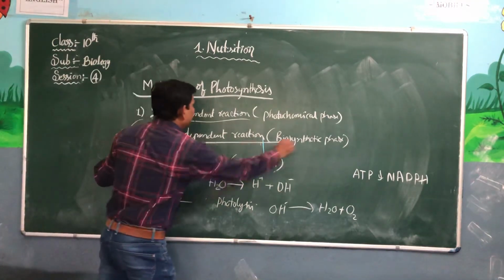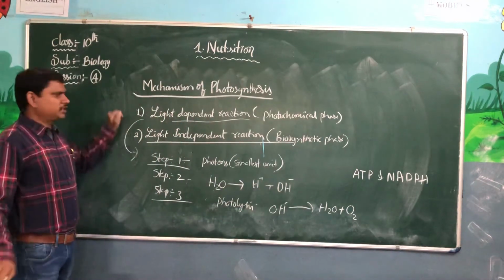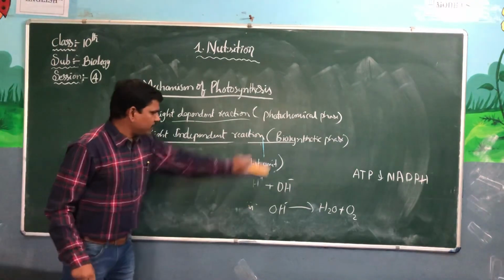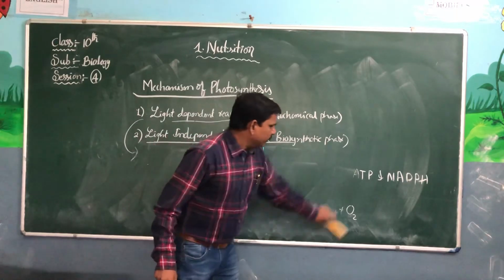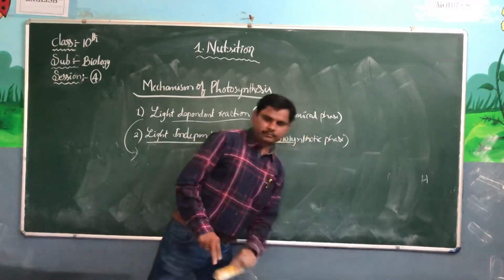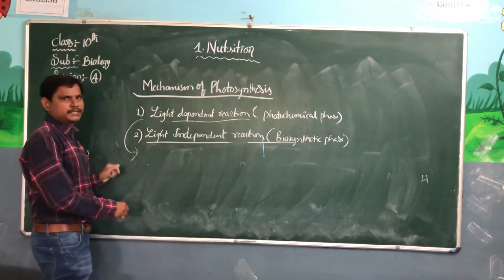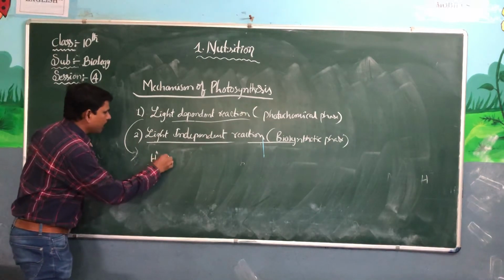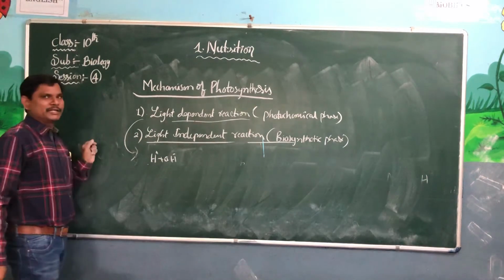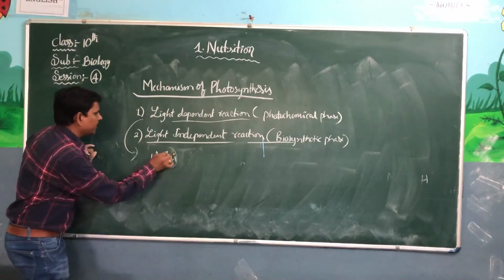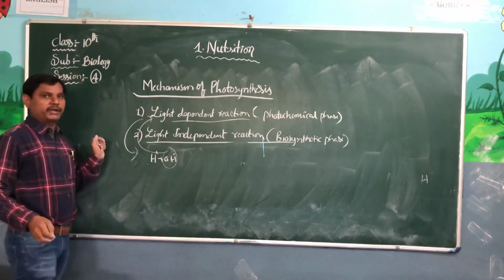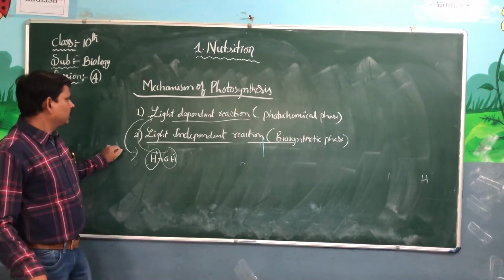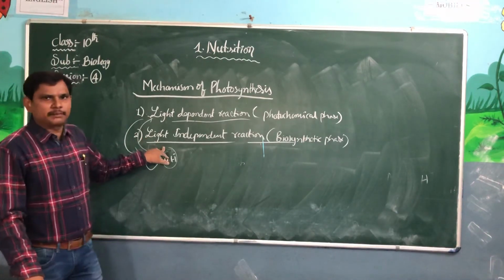Next one is light independent reactions. What are the light independent reactions? When the water is splitting, hydrogen and hydroxyl ions are released. The hydroxyl ion is utilized in the light dependent reaction and the hydrogen remains.